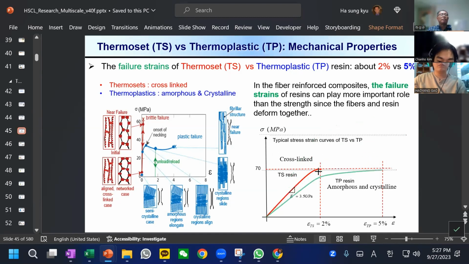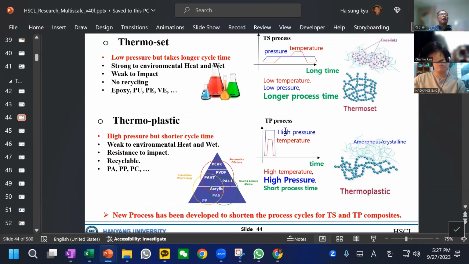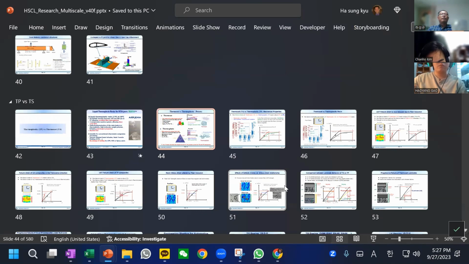How? Well, this crystalline has a very special feature, so it can be very strong. But no matter whether crystalline or thermoplastic, it needs high temperature and high pressure; there's no time to wait for the chemical reaction.